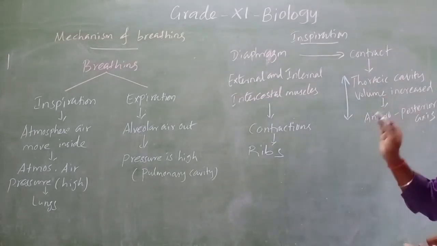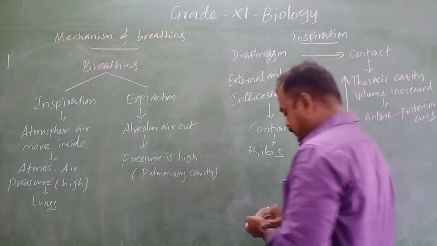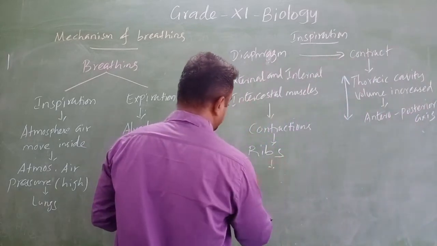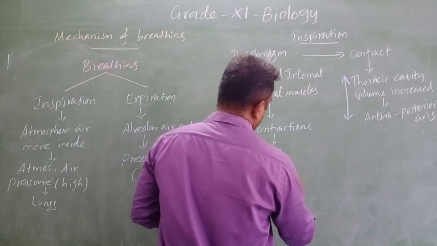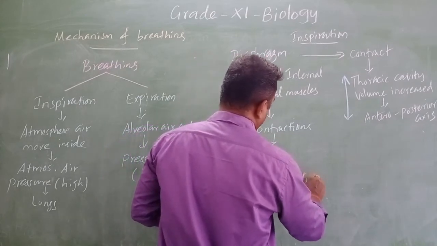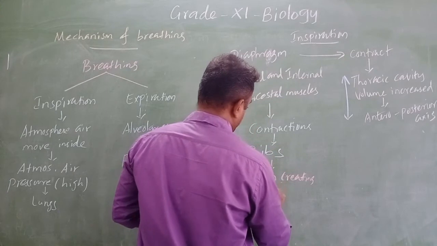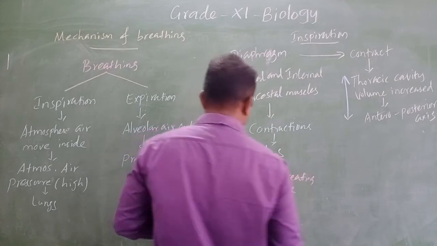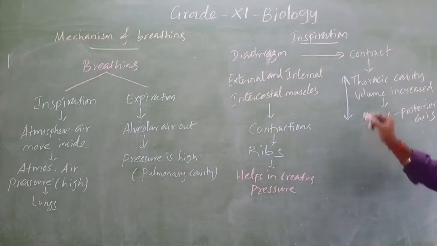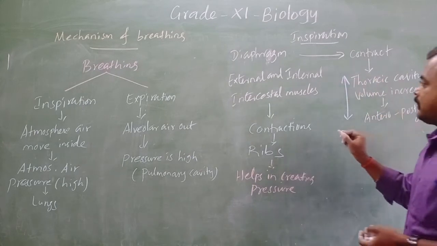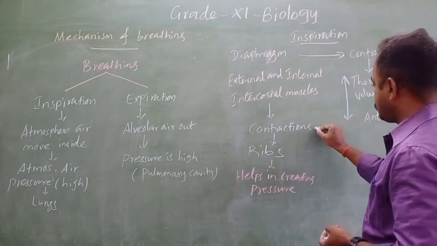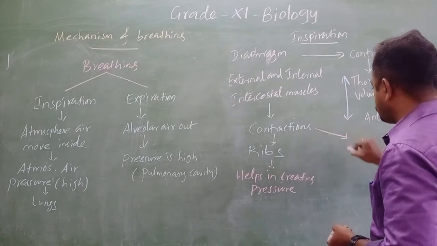It helps in creating pressure. Which one? Intercostal muscle. So contraction happens in the intercostal muscles.